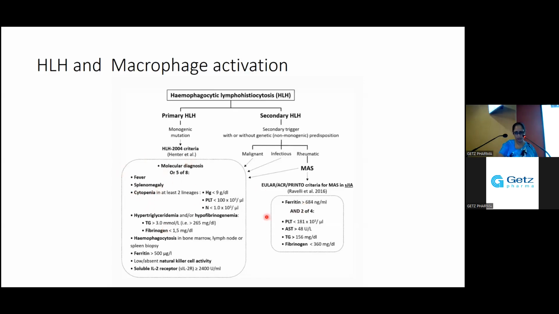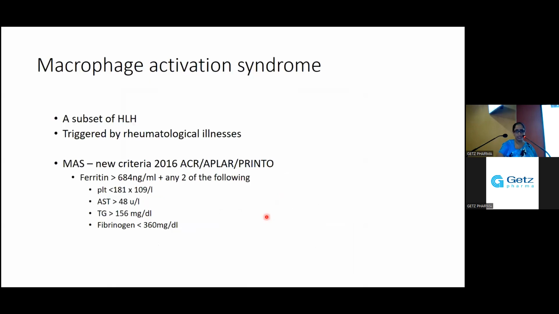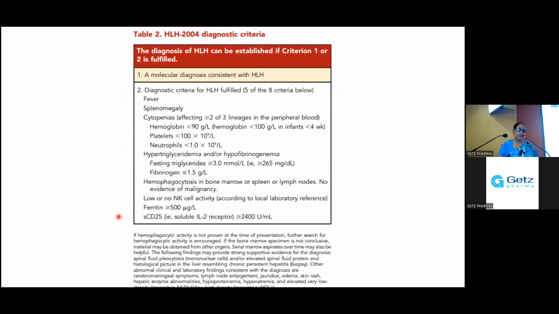So as Udari pointed out, what are the differences in the criteria? If you look at them, they are very loose criteria. See, ferritin more than 684, platelet 181, AST just above 48, so very loose criteria. On the other hand, the blood and hematology people put out this HLH criteria.